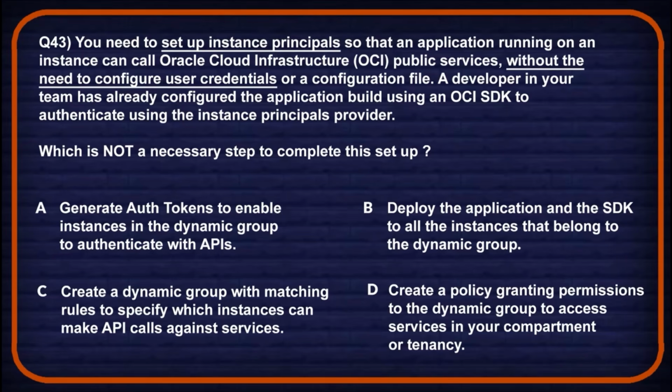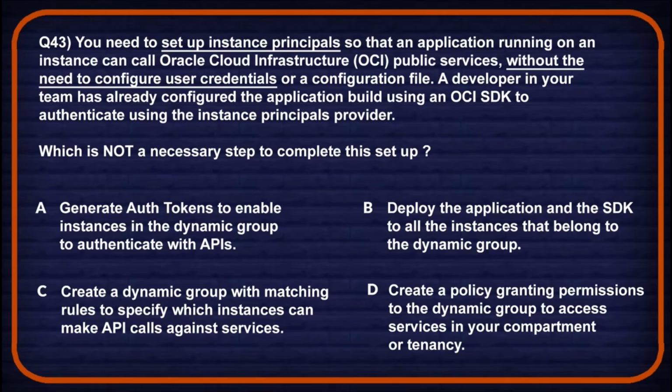Okay, let's look into the options. Option E. Generate auth token to enable instances in a dynamic group to authenticate with APIs. Auth tokens are used for user authentication, not required when using instance principals with OCI services. So option A might be a potential answer.